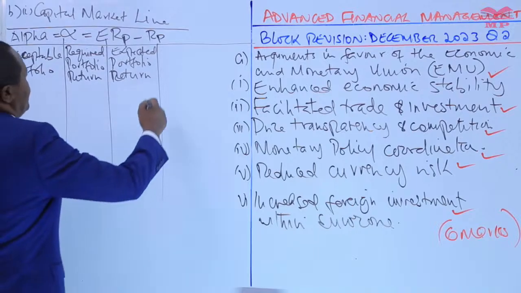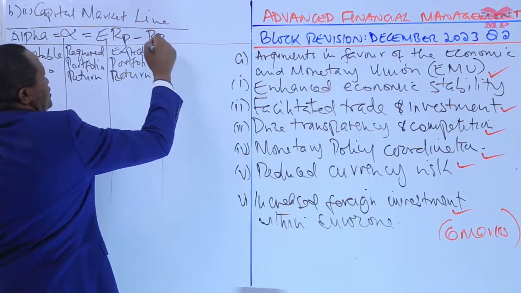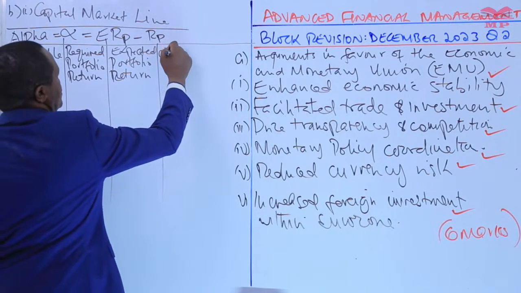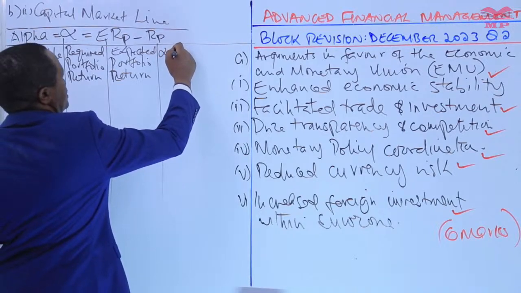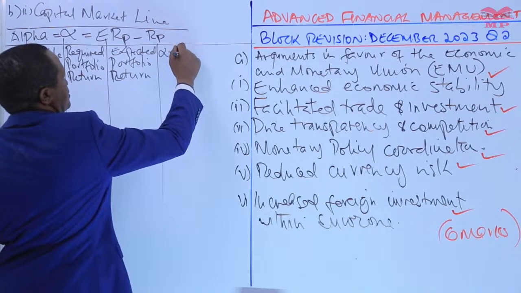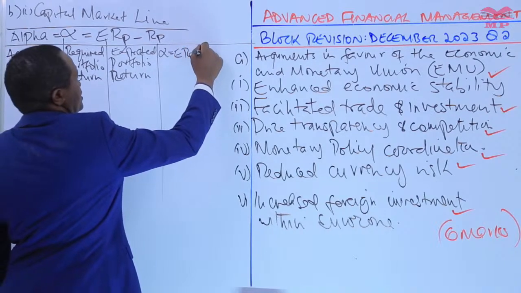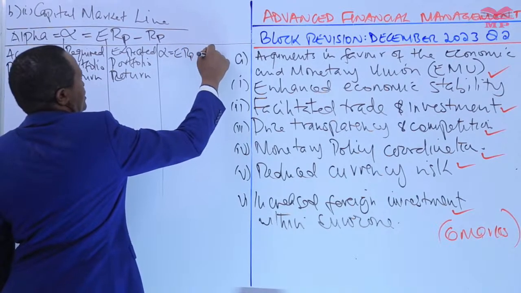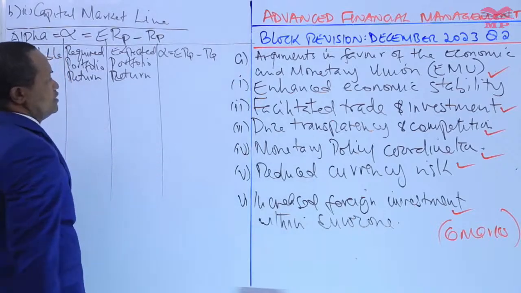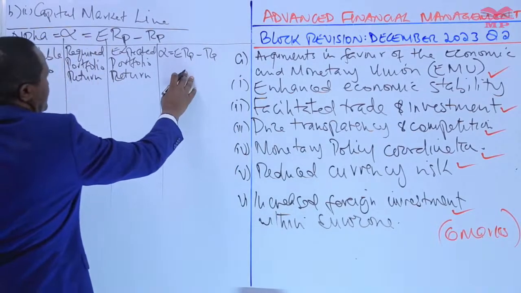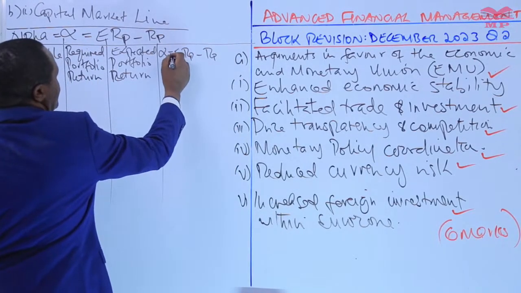Then we'll have the alpha, which you have said is equal to the expected return on portfolio minus the minimum required return. So that will give us the alpha.